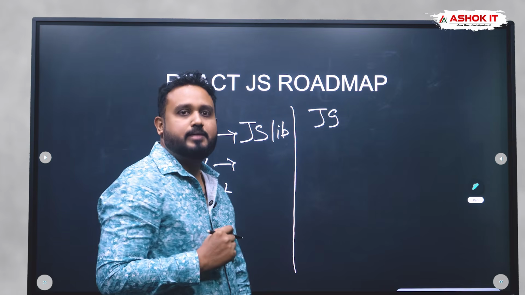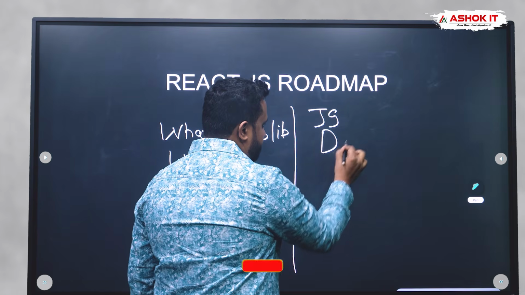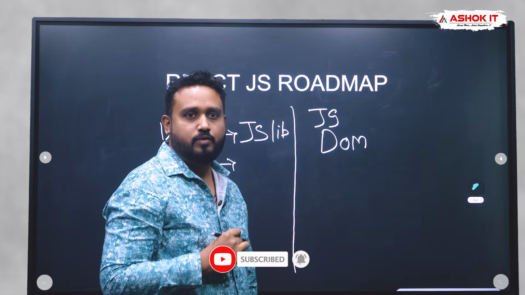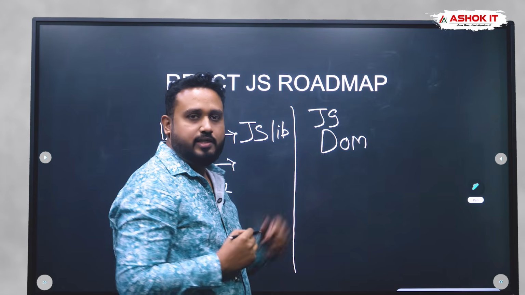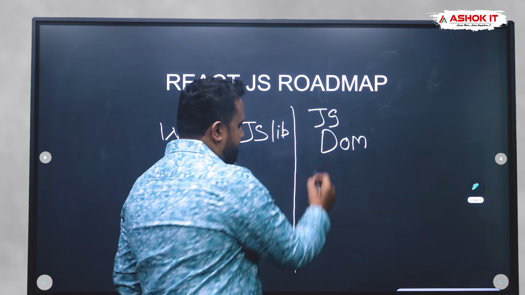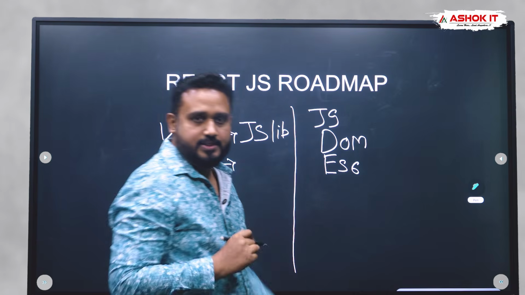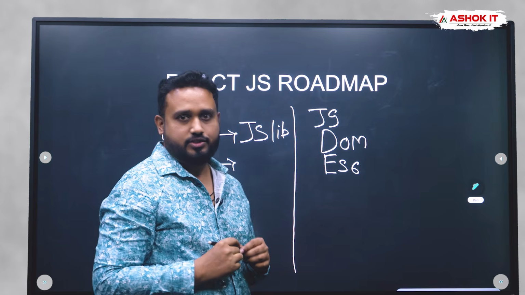Once you are good with the fundamentals of JavaScript, you have to start understanding the DOM concept. What is DOM? How can we do DOM manipulation? What are the best ways to do DOM manipulation? Once you understand the DOM, then you have to focus on ES6 concepts like promises, fetch API, module system, spread operator and destructuring.